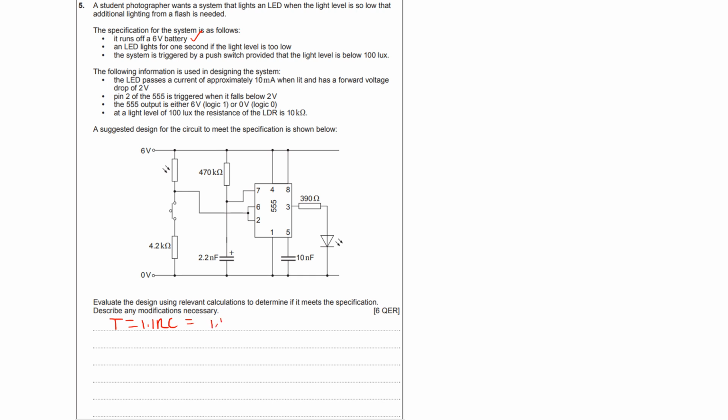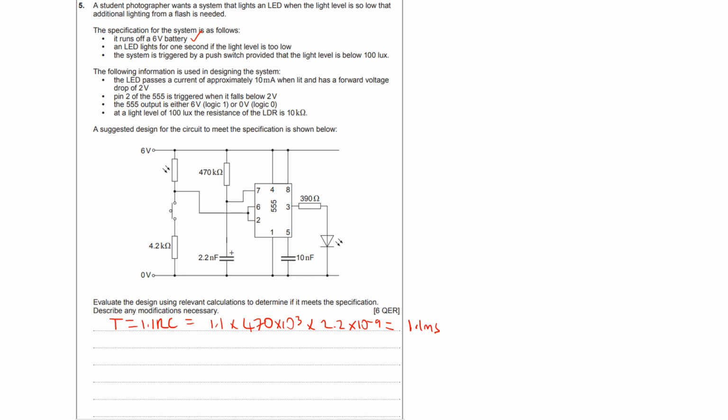1.1 times 470 times 10 to the 3 times 2.2 times 10 to the minus 9. Let me get my calculator and press equals on that. Right, okay, so it's 1.1 milliseconds, so I'm out by 1,000.